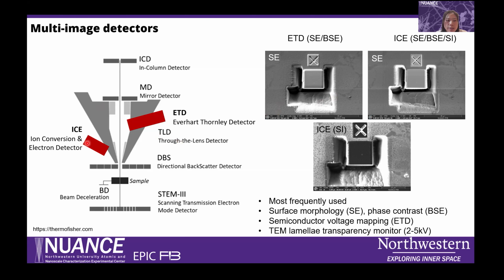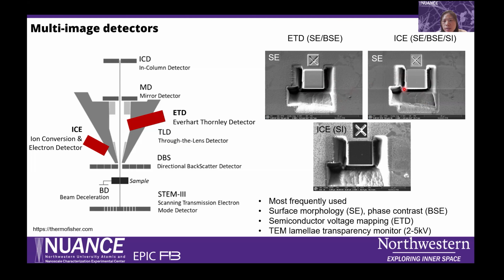Another is the ICE detector, the ion conversion electron detector. It can be used as a complement to the ETD detector because they are located in different positions, and it shows inverse brightness contrast.